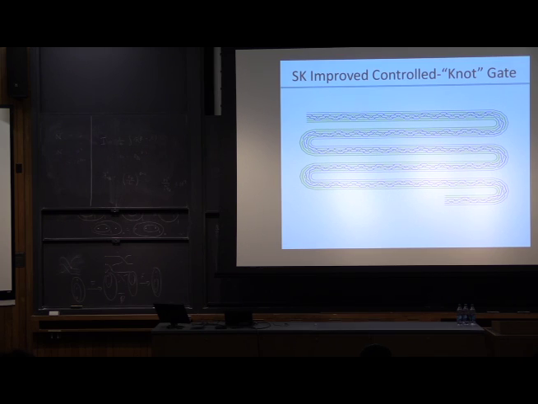Regardless of how you carry out the braiding process, as long as it's topologically equivalent to a braid that produces the operation you want, you'll get the operation you want. So there are 2 benefits. One is the topological protection. The other is the robustness of braiding.